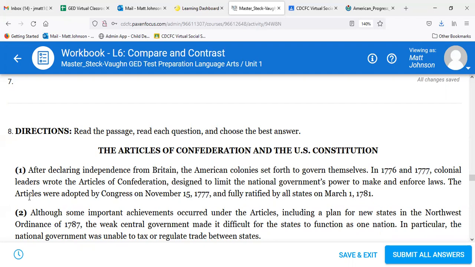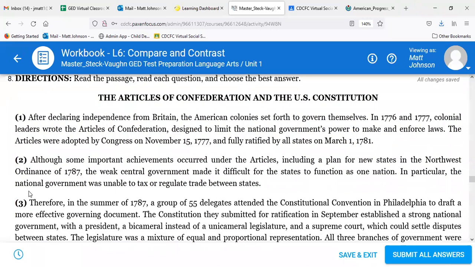Although some important achievements occurred under the Articles, including a plan for new states in the Northwest Ordinance of 1787, the weak central government made it difficult for the states to function as one nation. In particular, the national government was unable to tax or regulate trade between states.